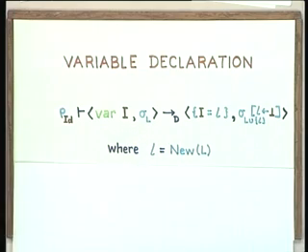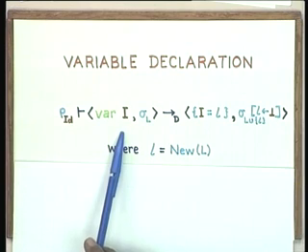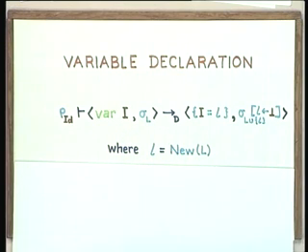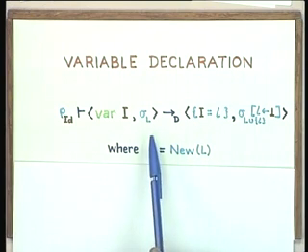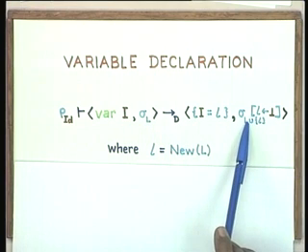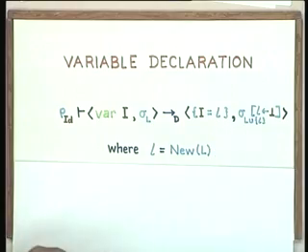And since it's an uninitialized variable, you associate the undefined value with it. So, as part of a variable elaboration, your store actually changes. The store does not really get updated in the sense in which we normally talk about store updation, but what does happen is that the store gets extended to a new store where all the values of the old store are preserved, plus a new location has been added and therefore a new value to that location.